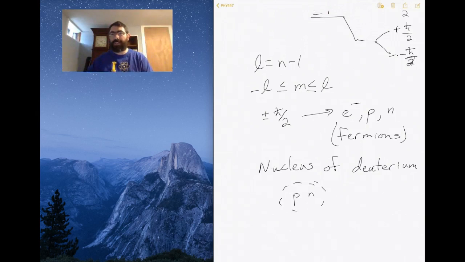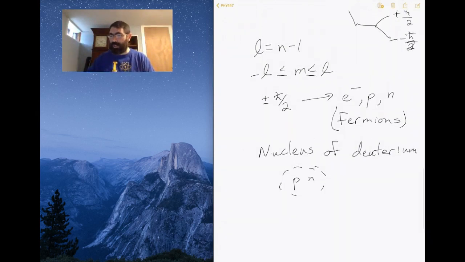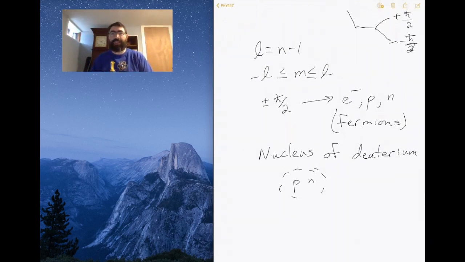now this object can have a spin of basically adding up the spin of the proton and the neutron. Then we can have spins of positive 1, negative 1, or 0.